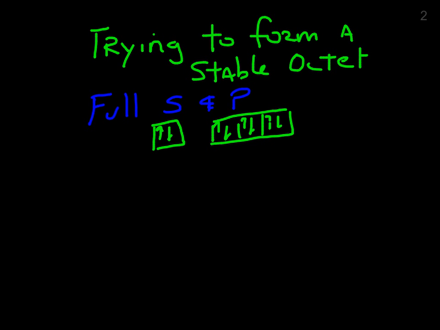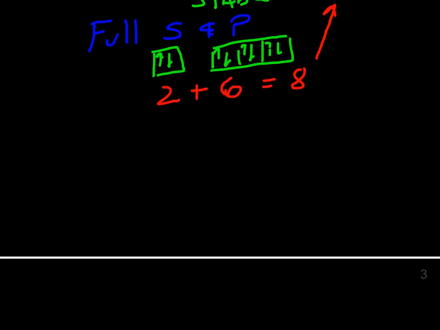So if I add those up, 2 plus 6, I get 8, and that's what is meant by octet. Another name for a stable octet is a noble gas electronic configuration. So the reason that bonds form, regardless of whether it's ionic or covalent, is that they're doing so in order to fill up their S and P sublevels. All right?